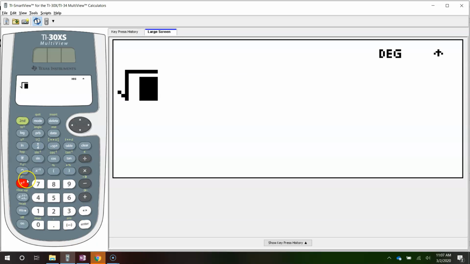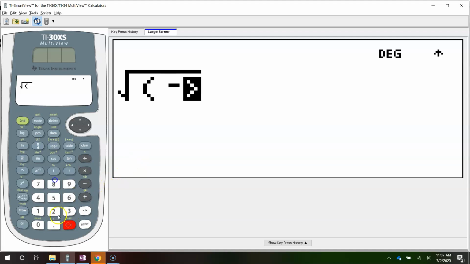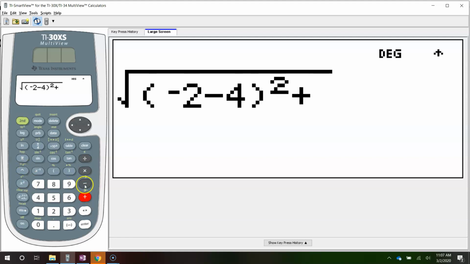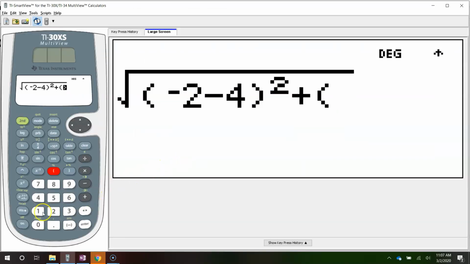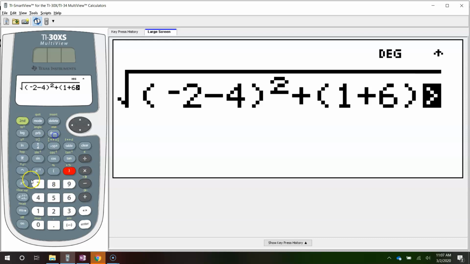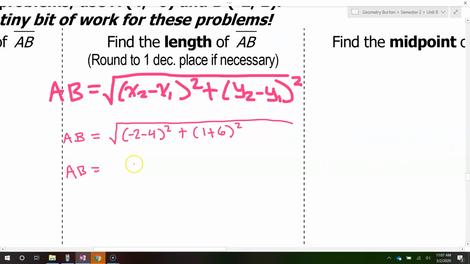So I can do the square root of negative 2 minus 4 squared, and then plus 1 plus 6 squared. All right, so that is radical 85. Just keep that in your mind that we got the square root of 85.